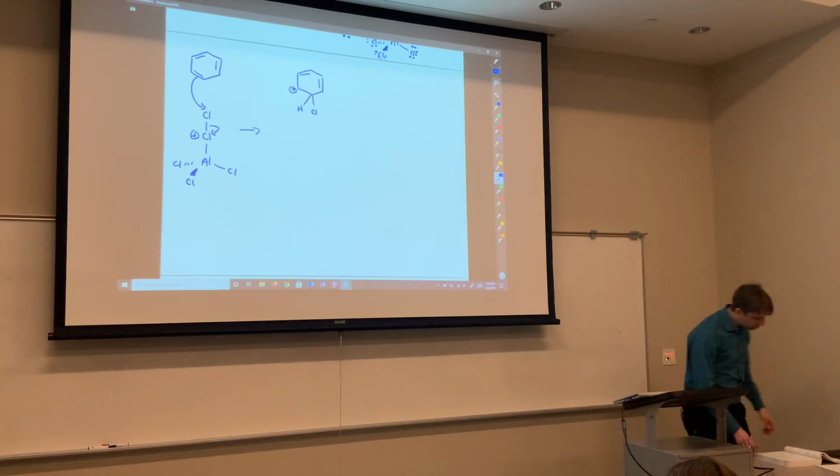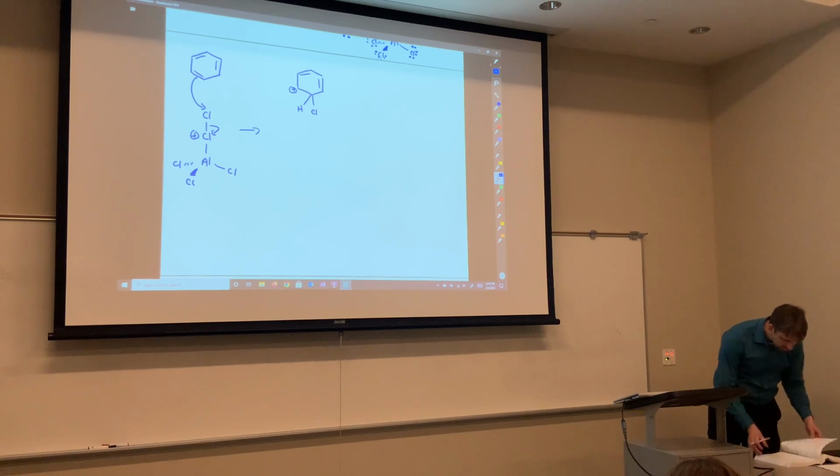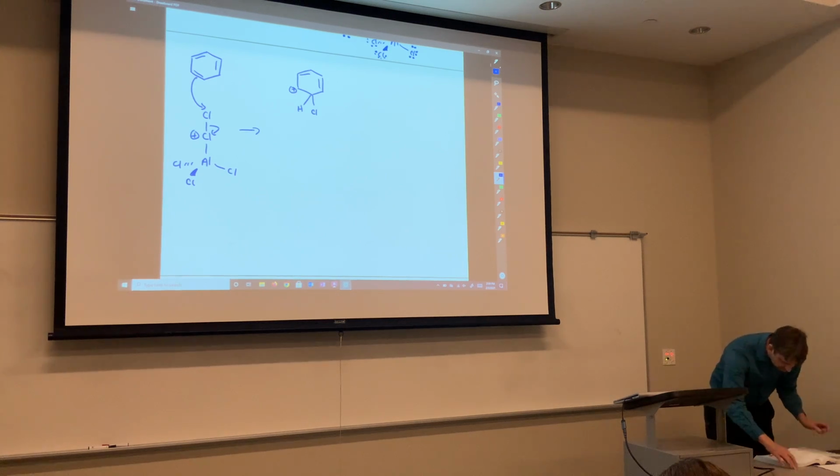See, does the book, real quick, let me check something here. They talk about this stuff, and I'm pretty sure they talk about sigma complexes. Let me just double check.